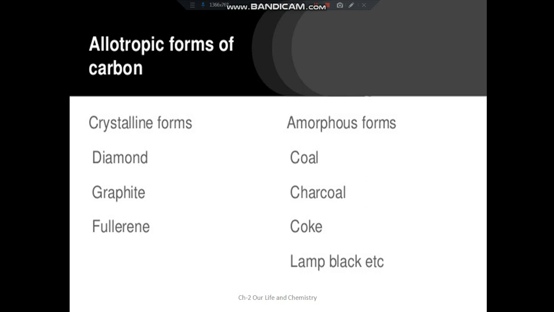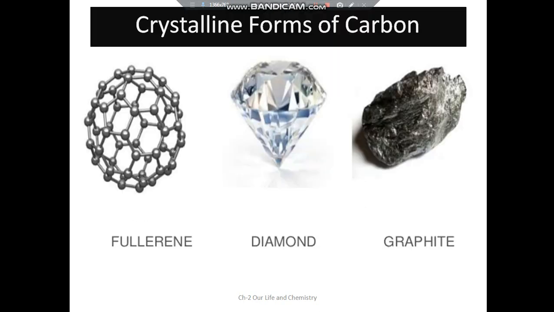Over here you can see in the picture the crystalline forms of carbon. This one is the buckyballs, or fullerenes. This form was discovered very late. Earlier, we were only acquainted with diamond and graphite.